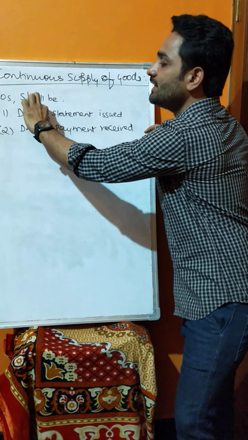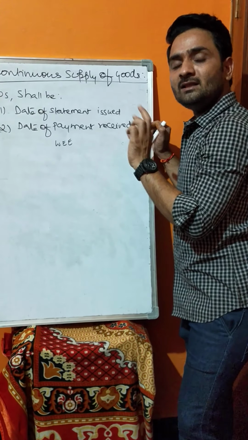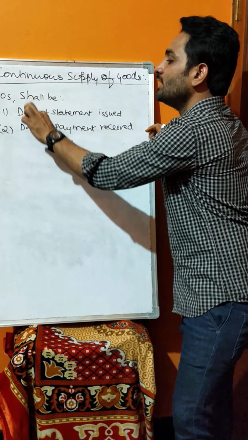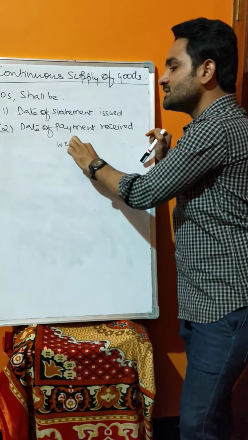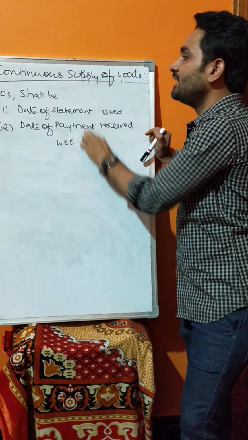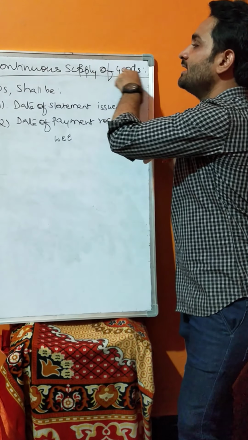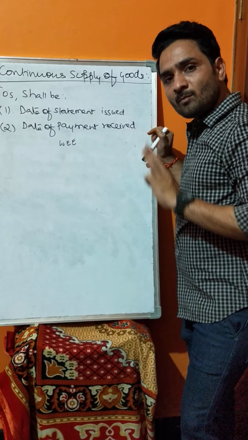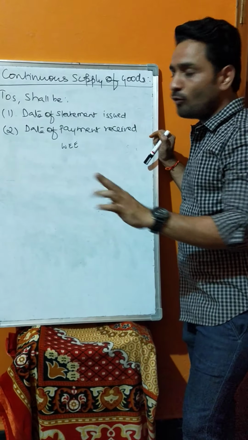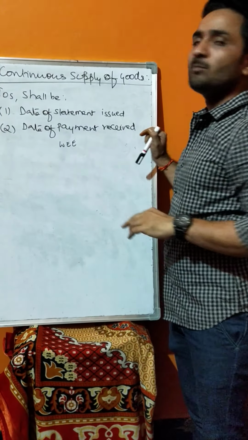After taking the earliest of these two in point number 1, you need to compare with the date of payment received. In these two, whichever is earlier, that can be taken as time of supply in case of continuous supply of goods. So we shall see problem number 3 and problem number 4 on the basis of continuous supply of goods.